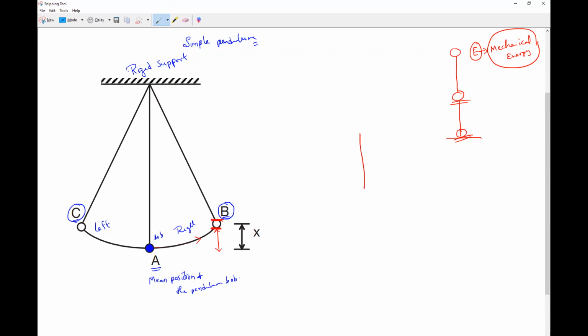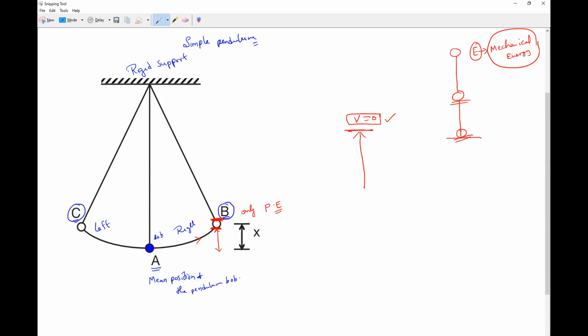When the bob reaches the maximum height, we all know that something becomes zero. What is that? Velocity. The final velocity becomes zero. If the velocity becomes zero, then at this height the body has only one energy. The kinetic energy becomes zero, so it has only one energy at that time. What is that energy, girls? Agalya? It has only potential energy.